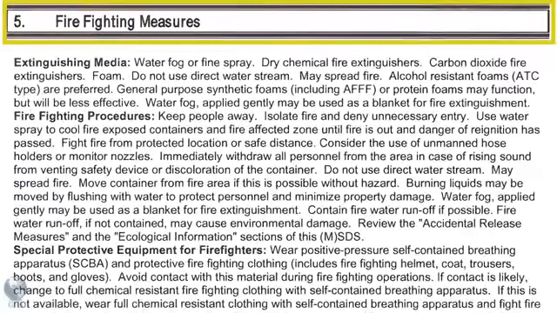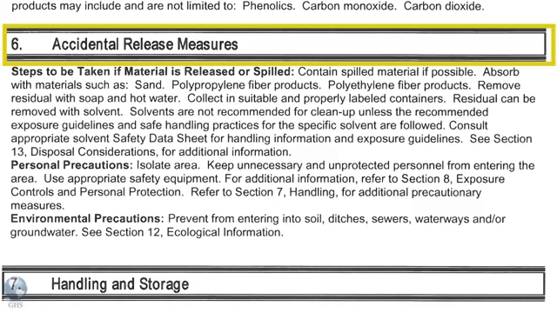Section 5, Firefighting Measures, lists suitable extinguishing techniques and equipment, chemical reactions as a result of fire. Section 6, Accidental Release Measures, lists emergency procedures, protective equipment, proper methods of containment and cleanup.